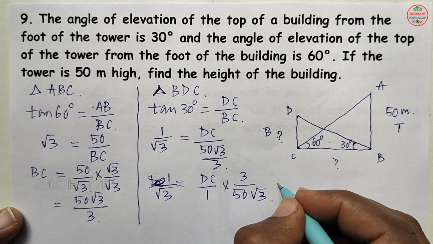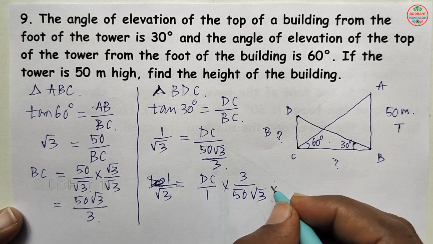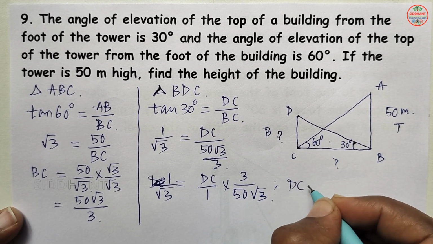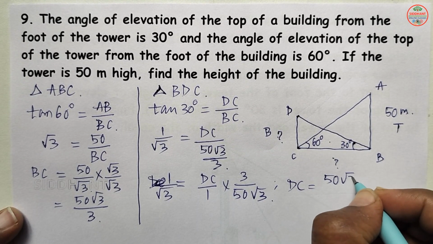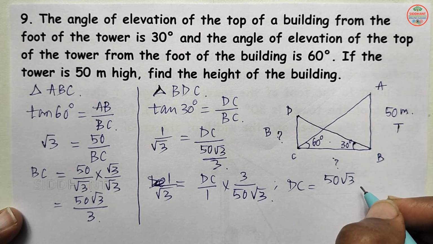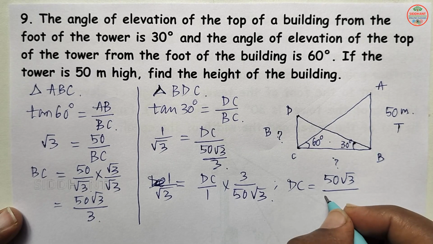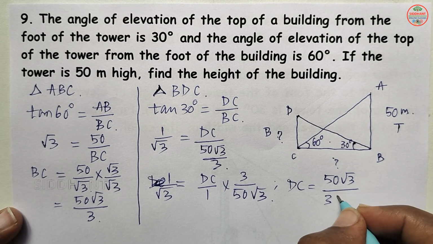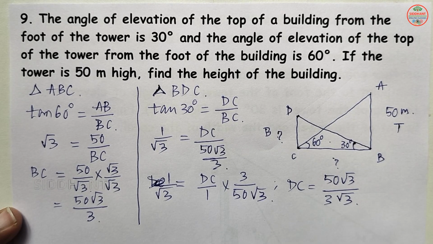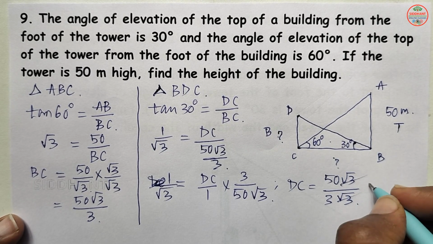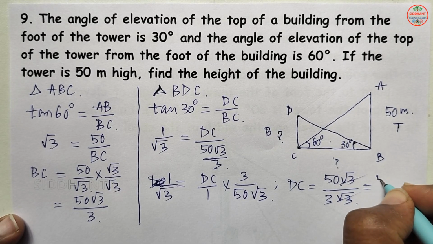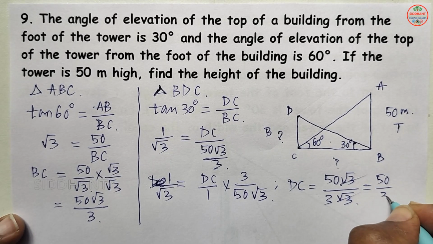So DC equals 50 root 3 by 3 root 3. Here root 3 cancels, and we get 50 by 3.